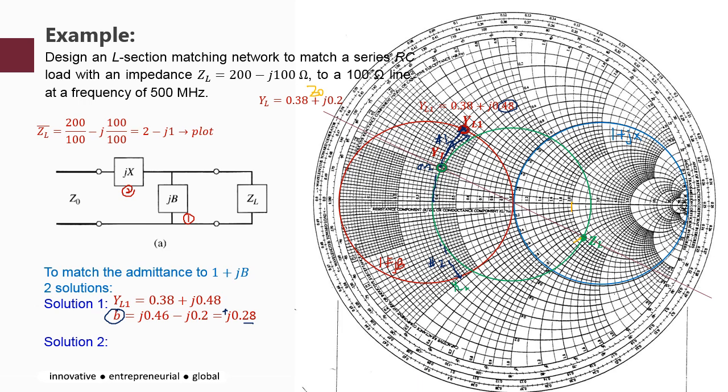From 0.2 down to this point, which is minus j0.48, the possible solution is B2, where the total movement is 0.2 plus 0.48, which is 0.68 downward. Downward, so it's negative. From the positive B and negative B, you can decide which component to use, whether it is an inductor or capacitor. The first element depends on the B.